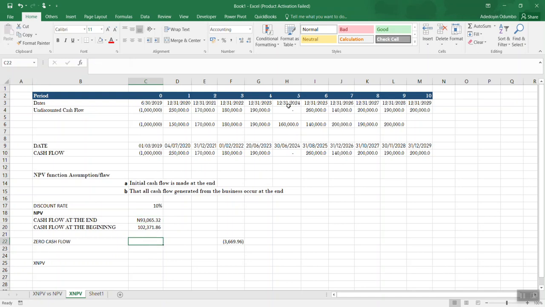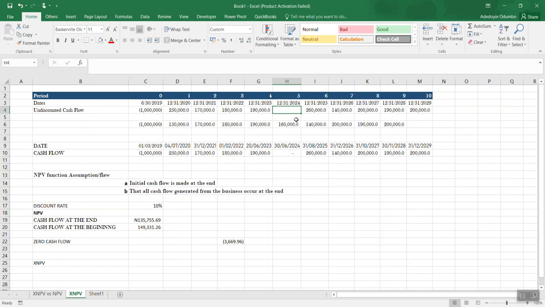For example, a particular period in which I have a zero cash flow. If I have zero cash flow and I put in nothing here, you see, when I delete that, my NPV actually reduces. Why? Because it did not consider this year that I have nothing as part of its calculation. So what do I do in a period where I have zero cash flow?